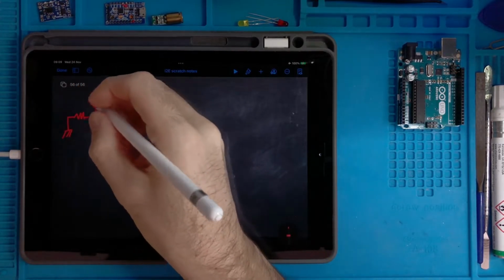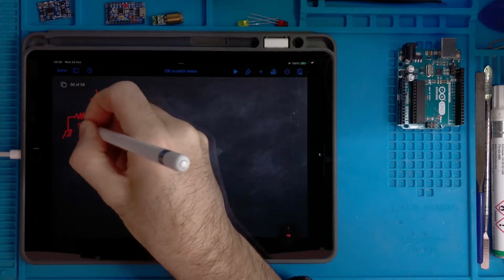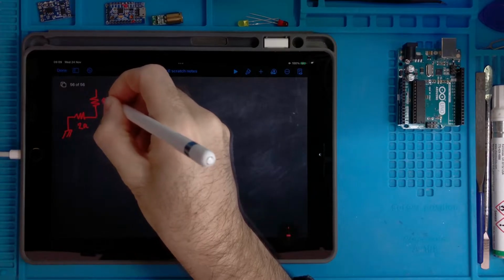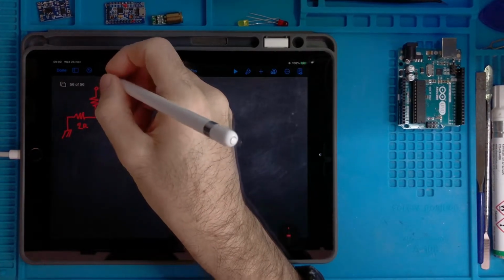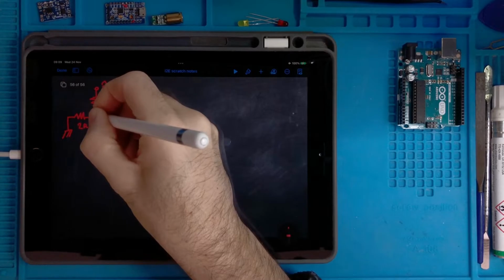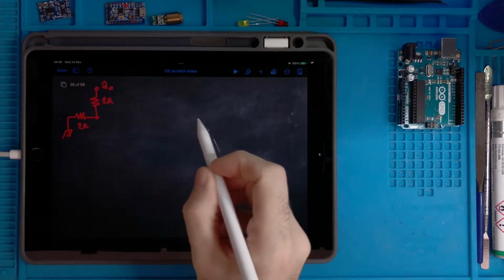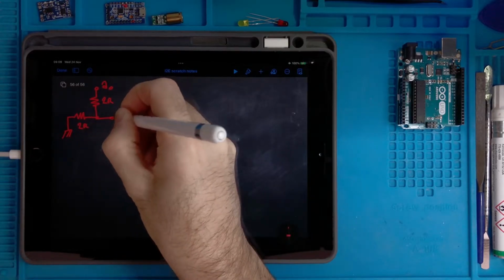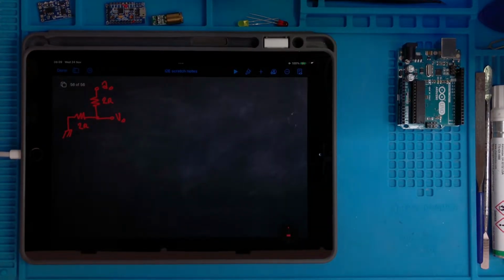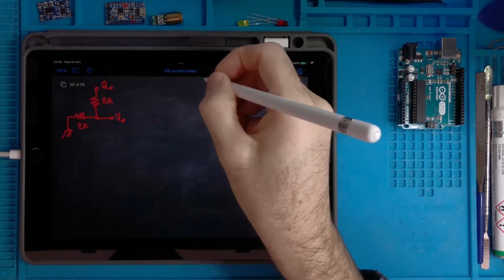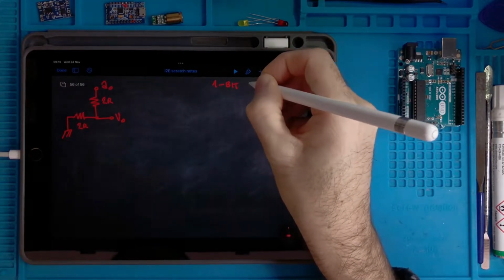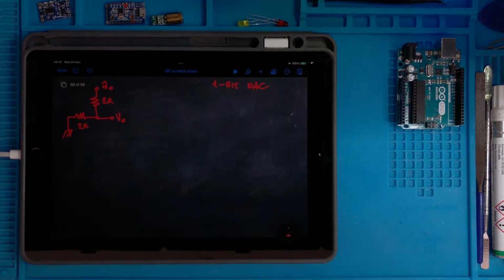So here we had ground. This resistor was 2R. This one was 2R. This one was our input we called A0. Then we had a lot of other stuff, but let's try first to analyze the case. I call this the output of a simple 1-bit DAC, digital to analog converter.